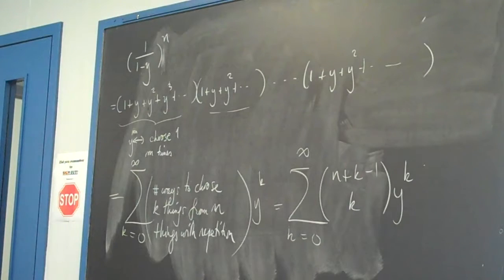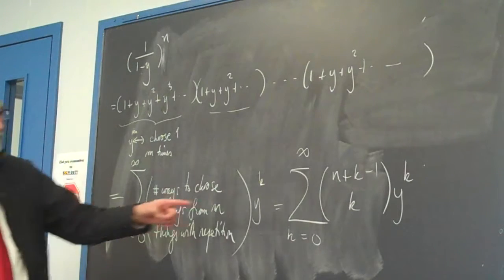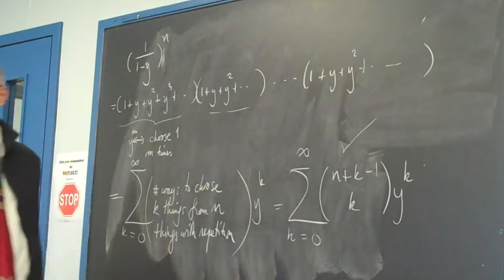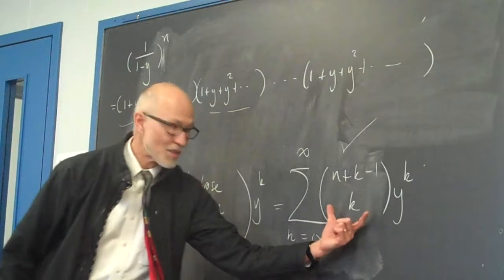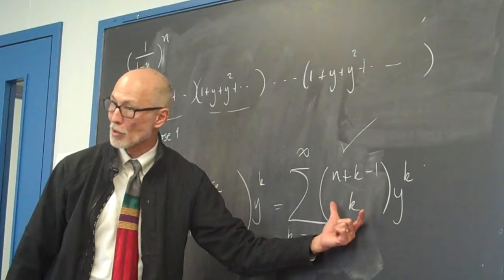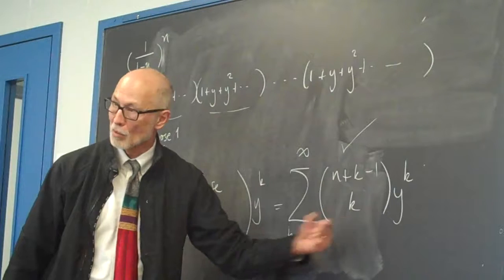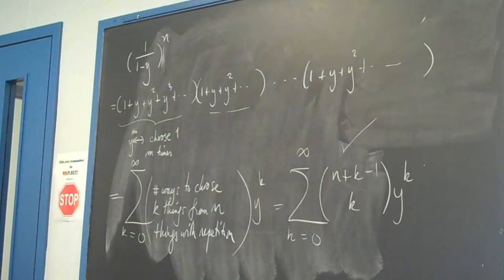So that establishes that the number of ways to pick k things from n things with repetition is this number here. And of course, this is a number you can calculate. So that's an expression of that.